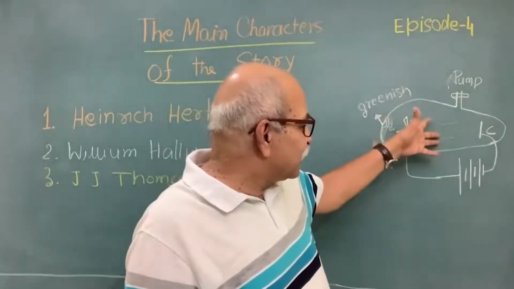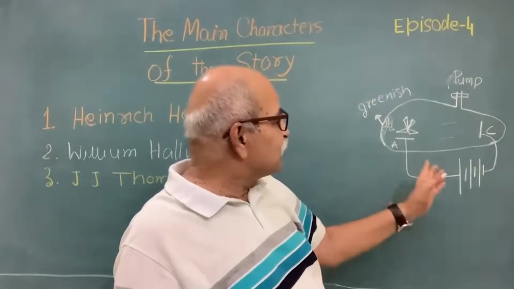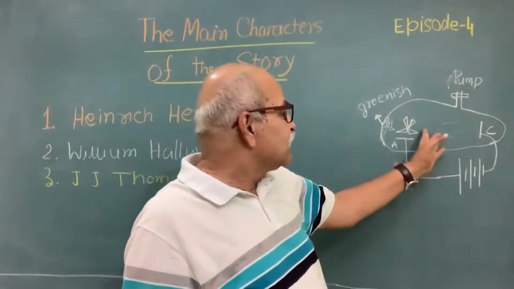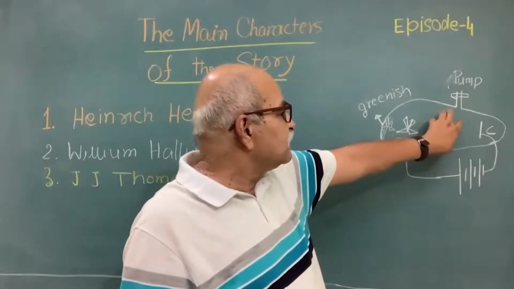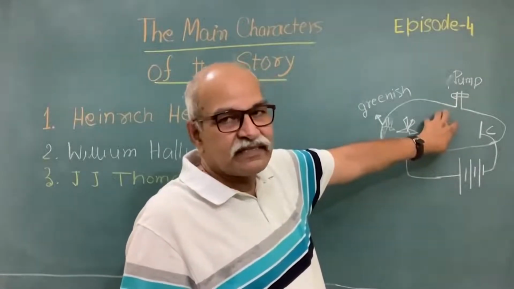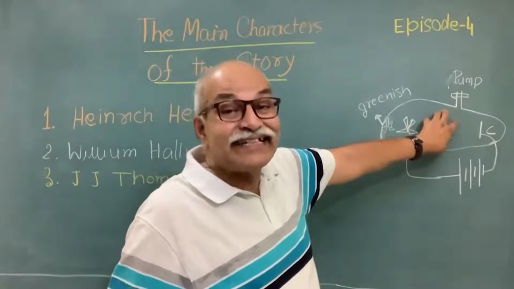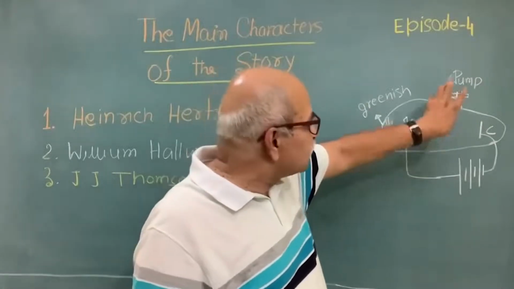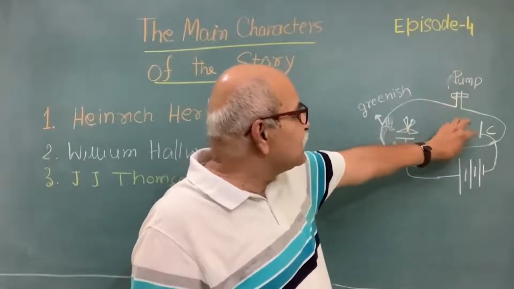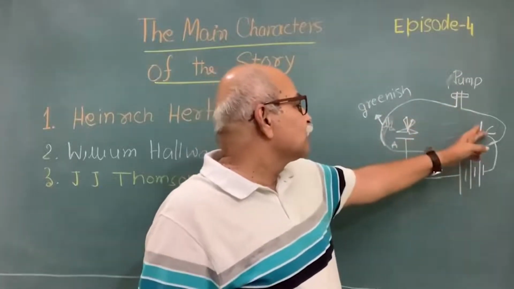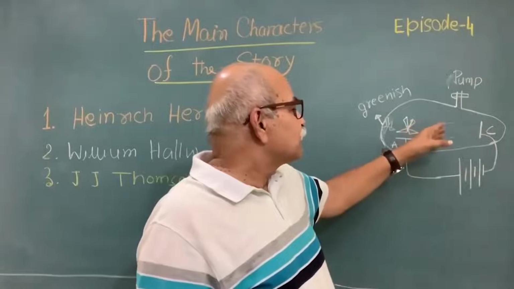Thomson found that people failed to see the deflection by electric field because there was enough gas here, the pressure was not that low, and then that got ionized, became conducting, and shielded these cathode ray beams from being deflected.